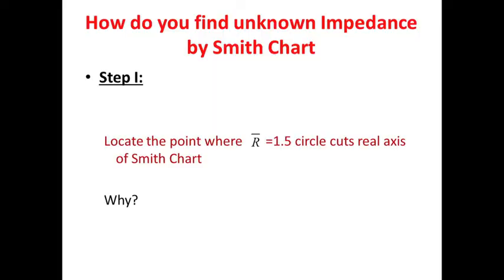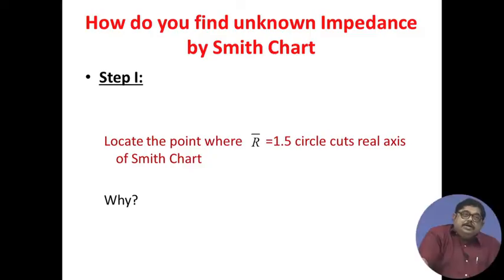We will explain now, going back to the basics of transmission line, why this is. VSWR we have measured to be 1.5, and we are trying to locate the point where R bar is equal to 1.5, that means where the constant resistance 1.5 circle cuts the real axis of the Smith chart.